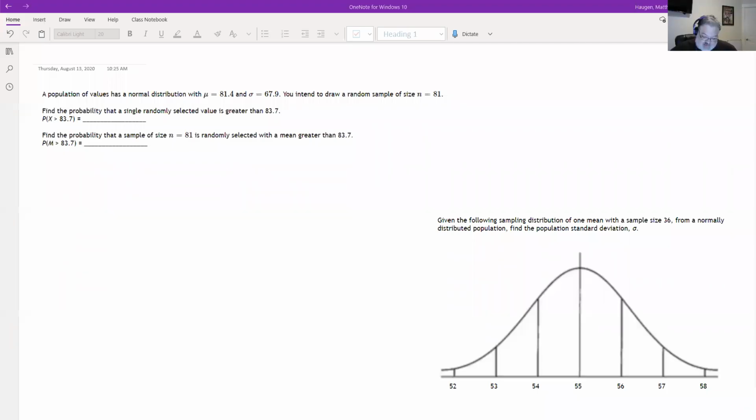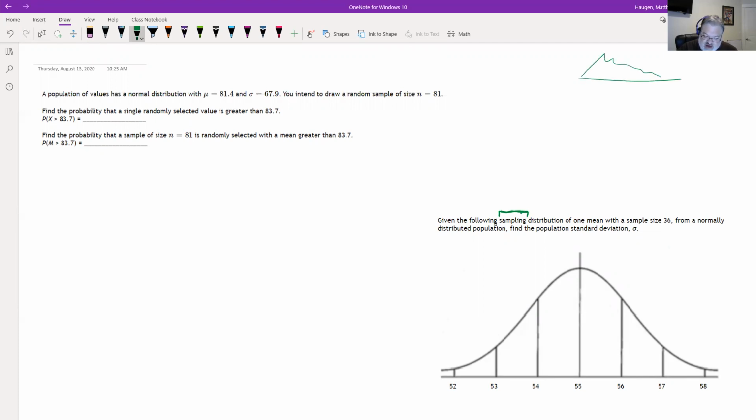So let's look at it, just to make sure everybody's happy with it. Given the following sampling distribution, now that saying it's a sampling distribution is important to us because that means in our hierarchy, we had that population, and that population has a standard deviation and a mean.